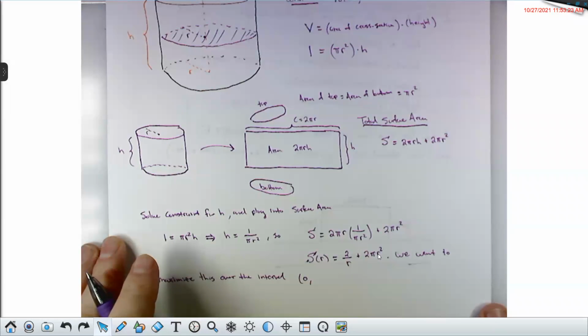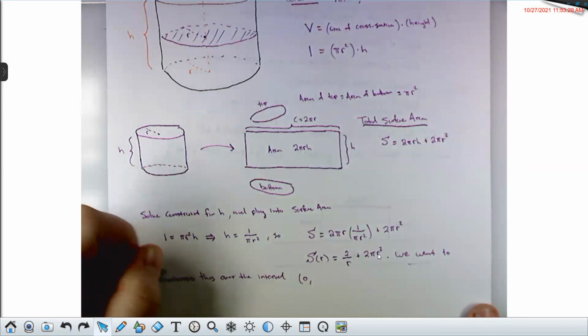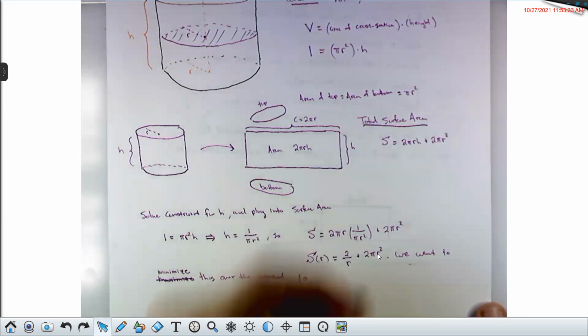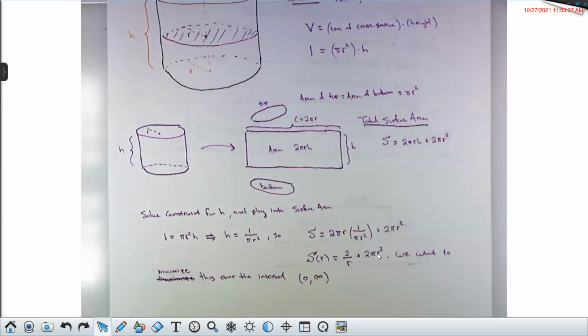Oh, sorry, minimize. The interval here is 0 to infinity, because I could make my radius as big as I want. I just have to shrink the height accordingly. So our interval here is 0 to infinity.